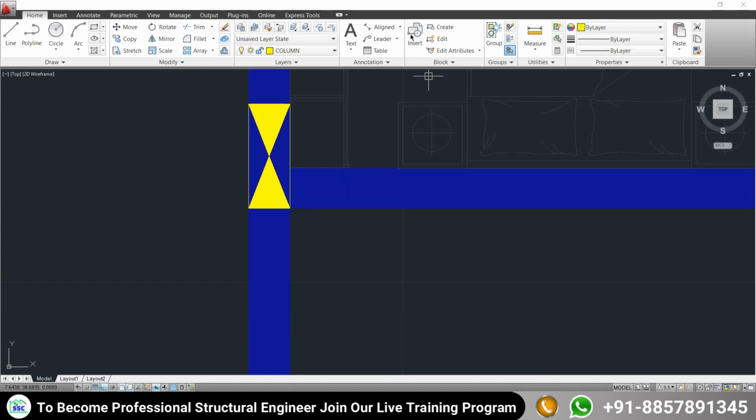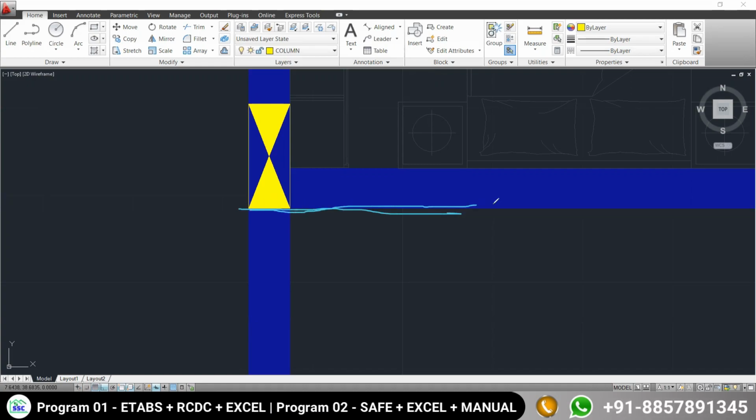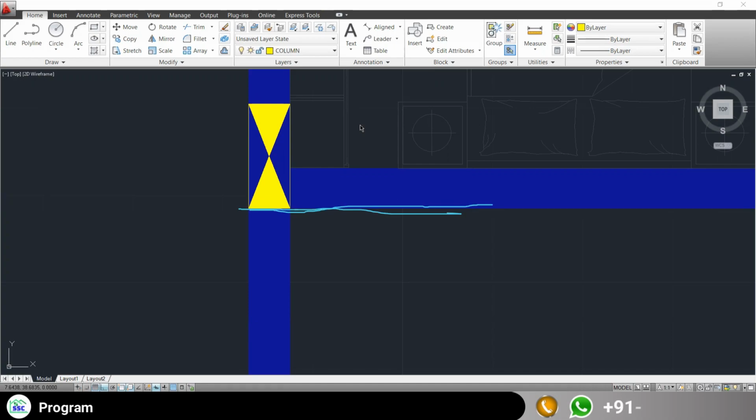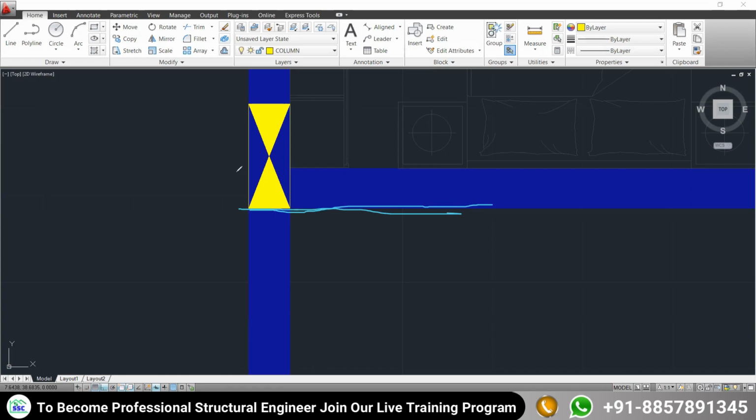One edge of the beam or one edge of your column should be flushed, in the same line. Remember, you are not allowed to position your column like this. If you are thinking that we should provide the column like this, no, it is not the practice.